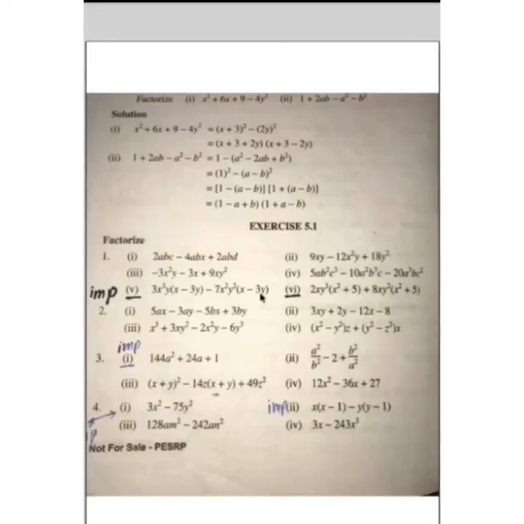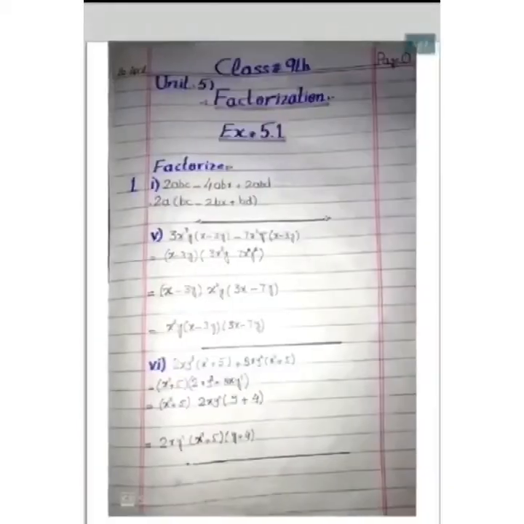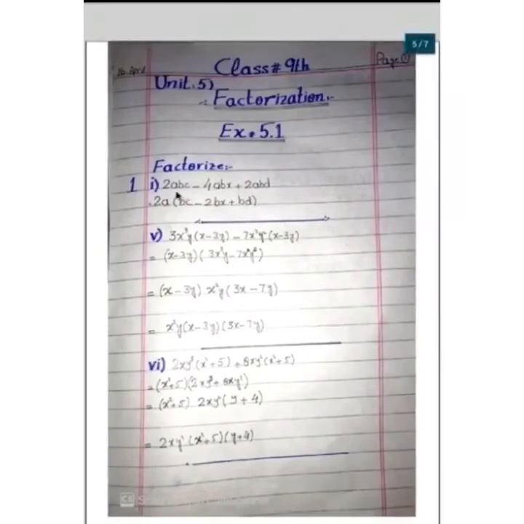So now we are solving question number 1, part number 1, that is 2abc minus 4abx plus 2abd. You see, 2a is common in 3 terms.